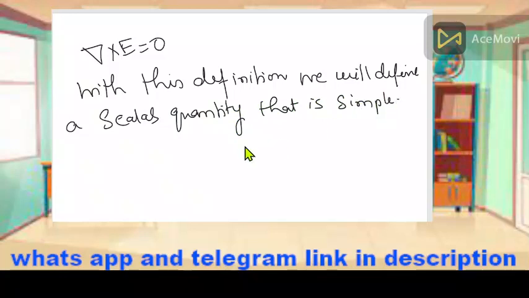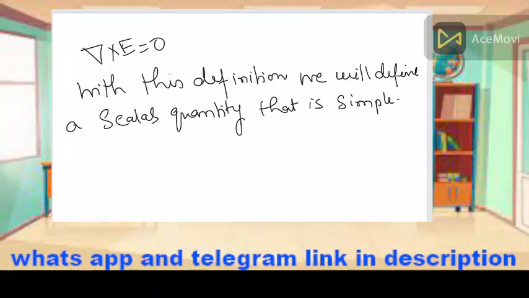For vectors we have to take direction into consideration; scalars are much easier to handle. What I mean is that we will make use of this special function E, whose curl is 0, to reduce it to a scalar quantity. This is what we are going to do.